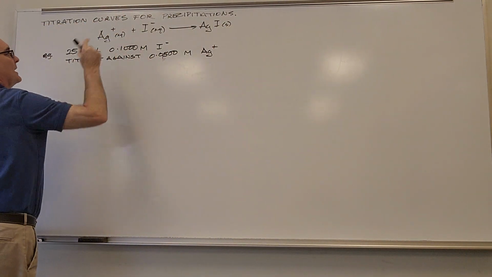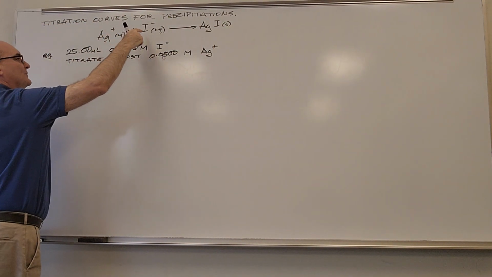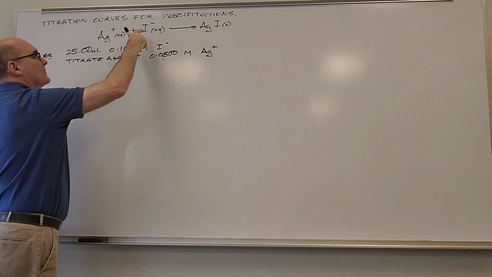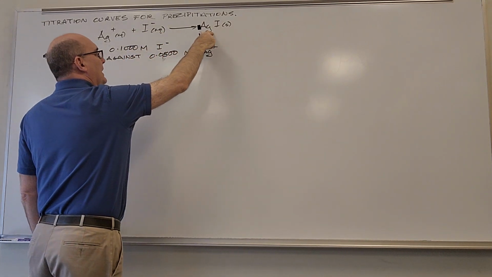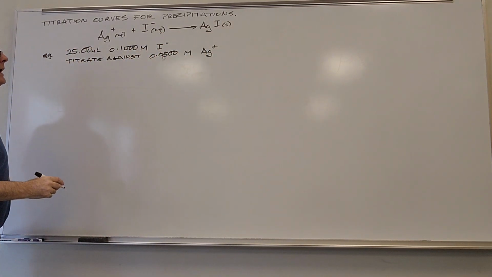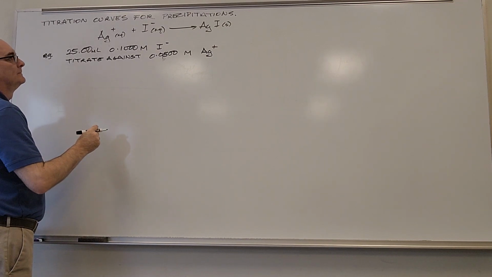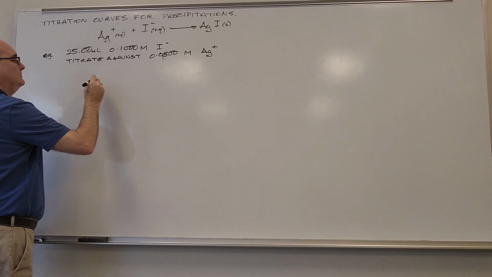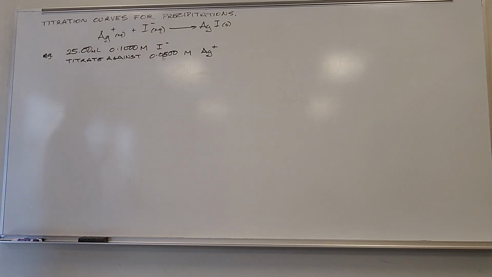Okay, this is our reaction. The silver ions and the iodide ions come together to make AgI. That's the opposite of how we would write KSP.